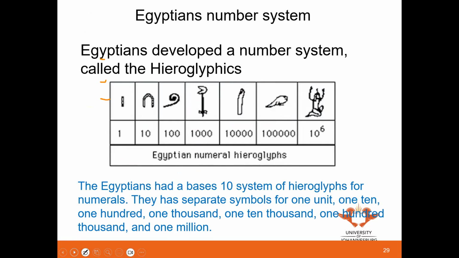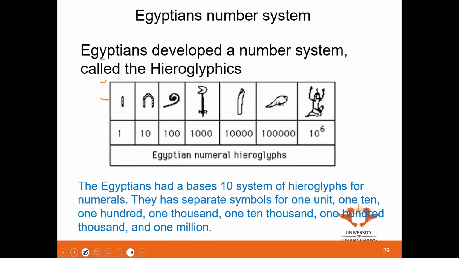Okay. Now, let's move on to the next one, which is the Egyptian number system. So the Egyptians developed a number system called hieroglyphics, okay? And this one goes up until the million. It was a base 10 system of hieroglyphics.